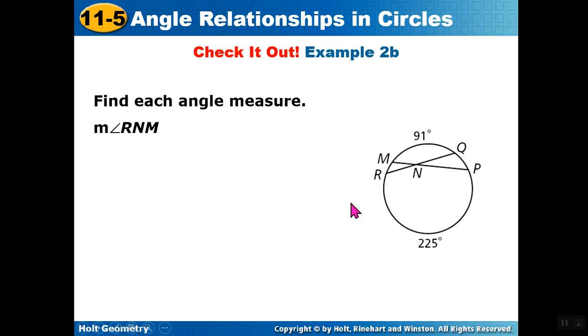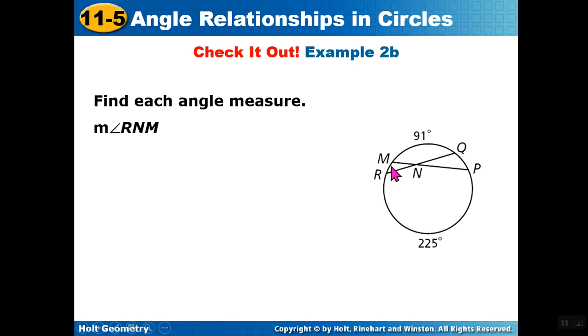Okay, now check it out, example 2. Find also the measure of arc RNM. Now we have a small problem: we don't know this angle. We want this angle here, but we don't know the measure of the front arc nor the behind arc.